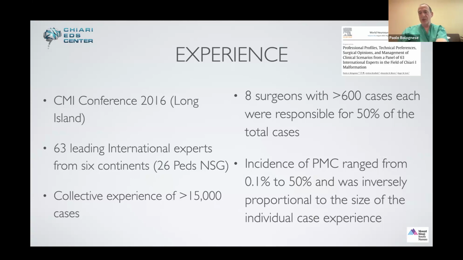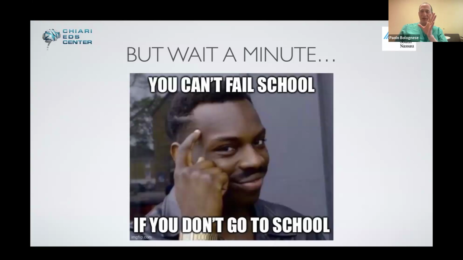Now, 8 surgeons were responsible for more than half, but what we found was that the incidence of pseudomeningocele was going down as the experience of every surgeon was going up. So somebody would say, oh, wait a second, if the top neurosurgeons just do an extradural technique, they're never going to open the dura and they're never going to have a leakage.